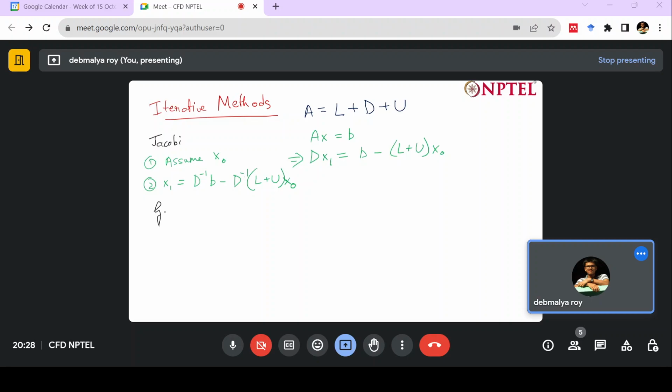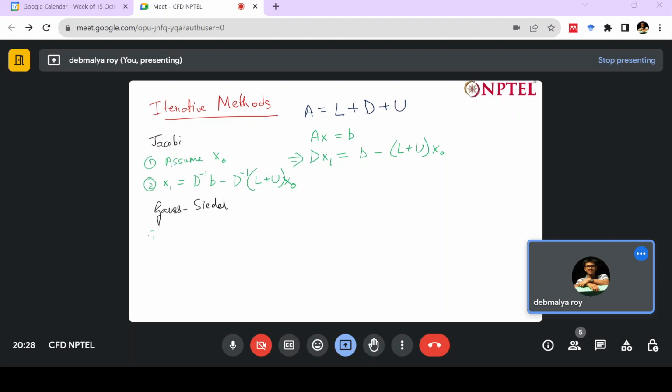What about Gauss-Seidel? In the case of Gauss-Seidel, what generally happens is that the values we have already obtained, which are present in the lower diagonal matrix, are also included here.